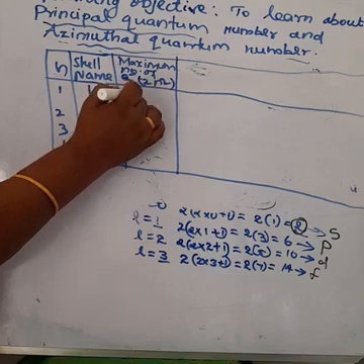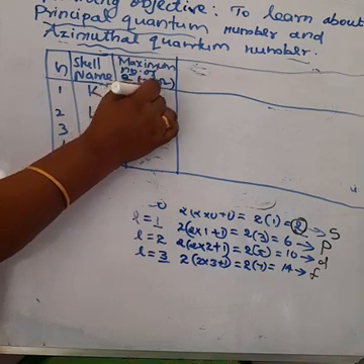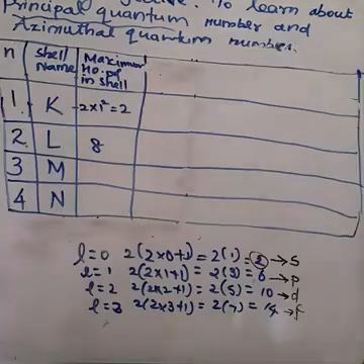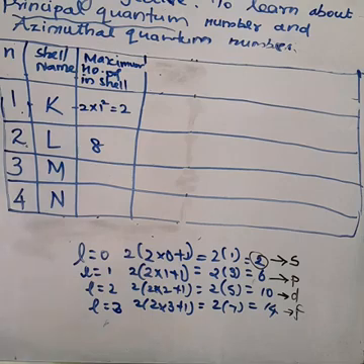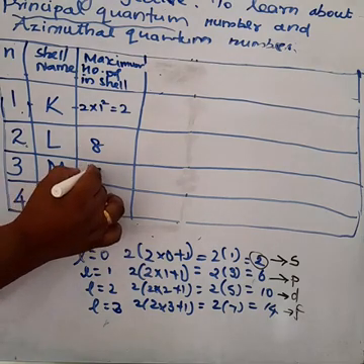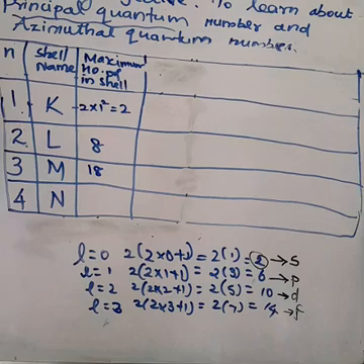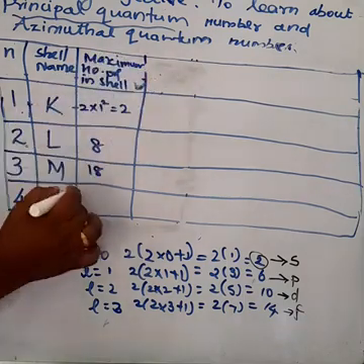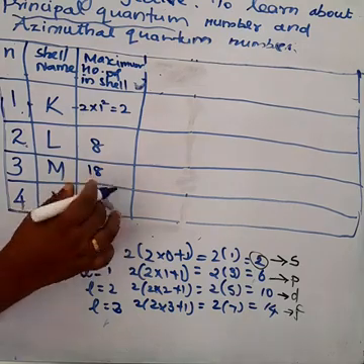When n is equal to 2, the L shell, we can accommodate 8 electrons. When n is equal to 3, the M shell, we can accommodate 18 electrons. And n is equal to 4, the N shell, we can accommodate 32 electrons. Okay, this is about the shells.